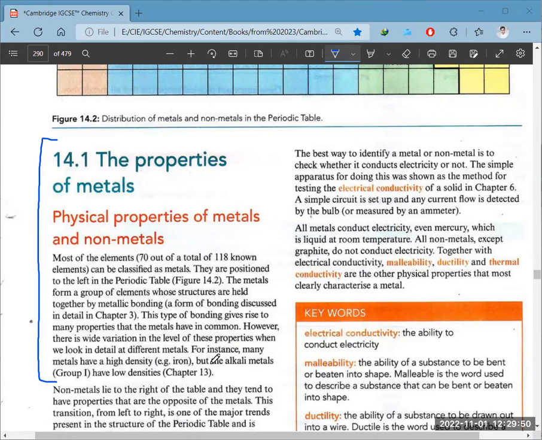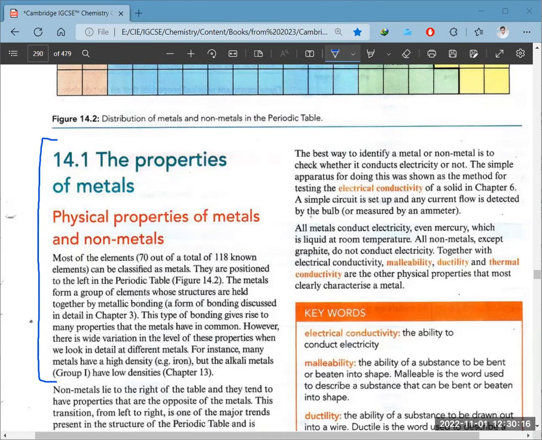This type of bonding gives rise to many properties that the metals have in common. However, there is a wide variation in the level of these properties when we look in detail at different metals. For instance, many metals have a high density, for example iron, but the alkali metals, group 1, have low densities.